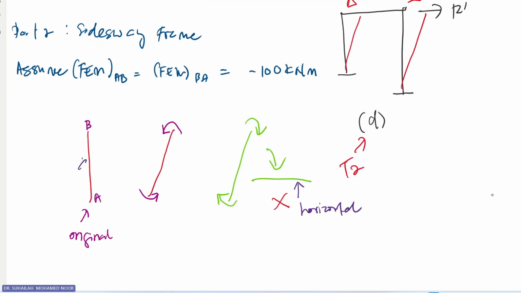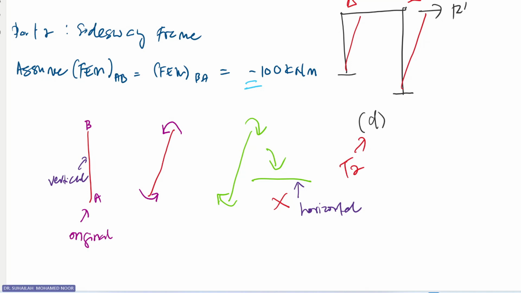So we have to apply moment to push the column back to vertical. We don't want the column to be horizontal. That is why we apply moment counterclockwise, and counterclockwise is negative.